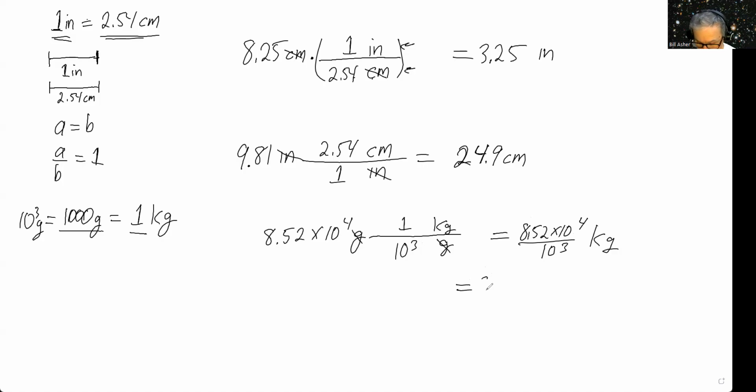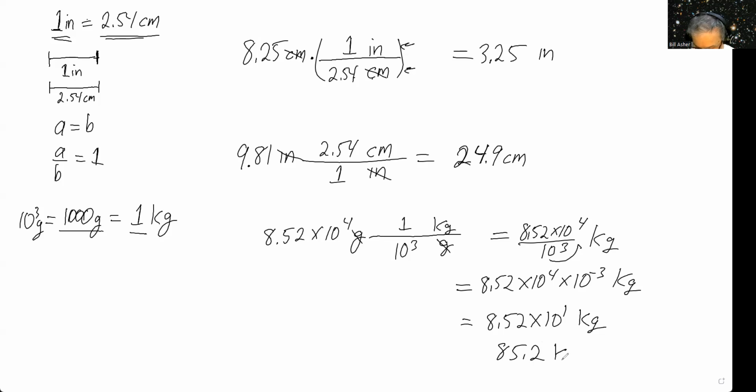I can bring the 10 to the third from the bottom up to the top by changing the sign, so it's 8.52 times 10 to the fourth times 10 to the minus 3 kilograms, which is equal to 8.52 times 10 to the first kilograms, or in standard notation, 85.2 kilograms. So all unit conversions are going to be done using this technique.